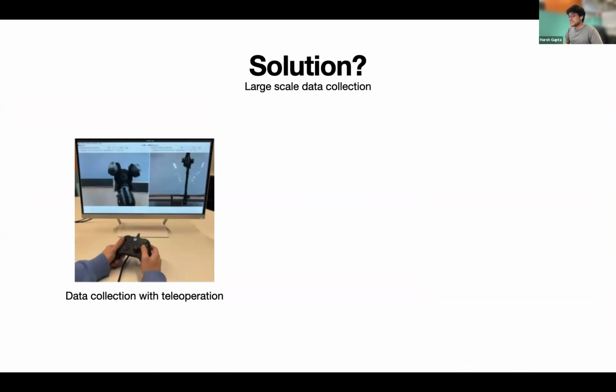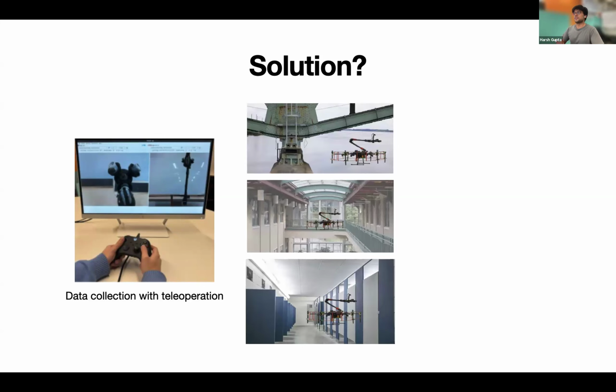But as things stand, our current solutions are perhaps large scale data collection. So how do we do this kind of data collection? You typically have a controller, Xbox controller or something, where you see the image observations from the drone, and you control the drone in different environments.